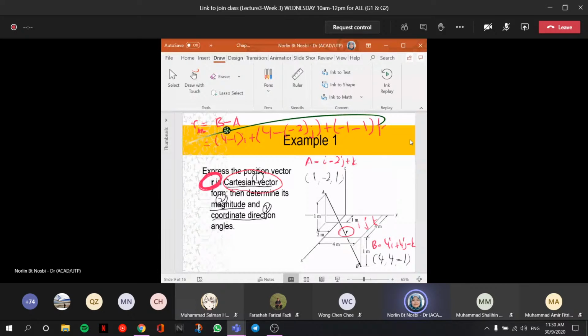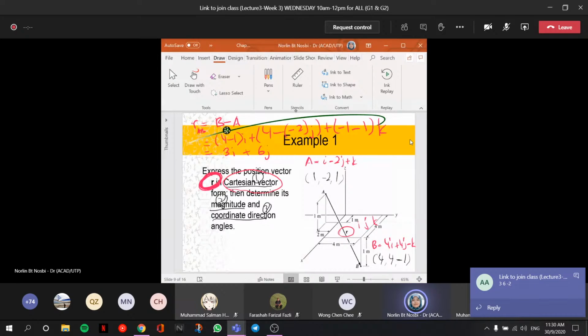So you will get 4 minus 1 is 3i plus 6j and then minus 2k. Okay, now you have found the first one, the Cartesian vector for R.